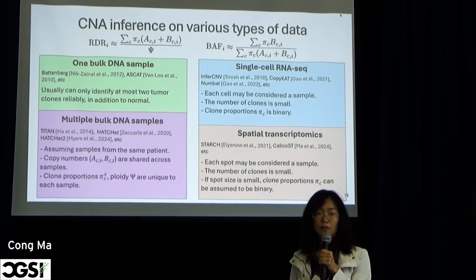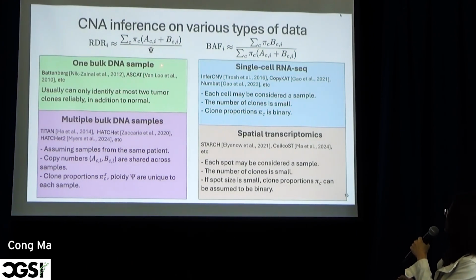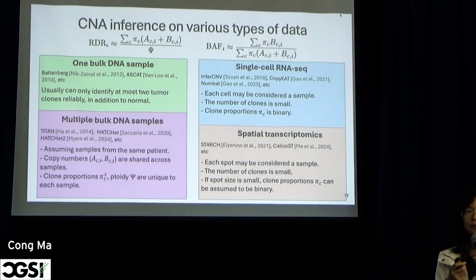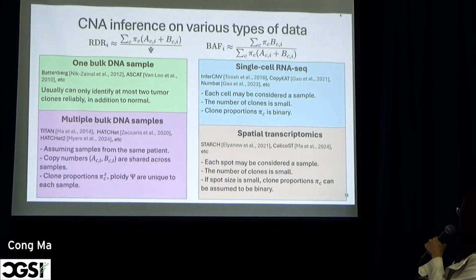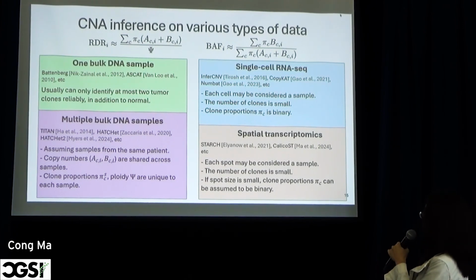But each of them may have their own considerations for the different constraints on this core assumption. For example, in one bulk DNA sequencing sample, it will be hard to infer multiple different clones from the same sample. So typically, we can only reliably infer copy numbers from at most 2 tumor clones.